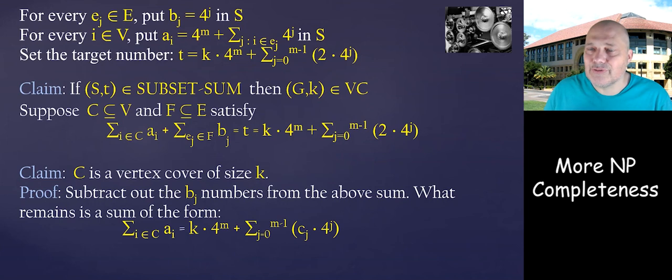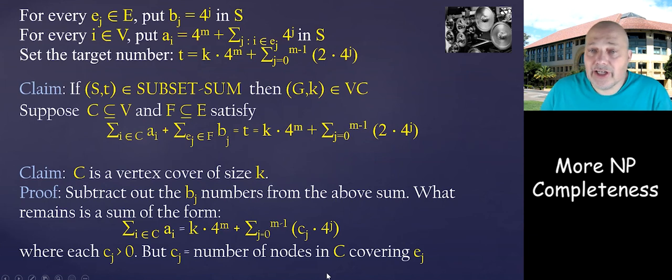The edges are from 4 to the 0 up to 4 to the m minus 1, so you don't subtract any of those. And then you have Cj, which can be 0, 1, or 2 times 4 to the j. To begin with, you had 2 times 4 to the j for every edge. You removed some of the edges, so for some of them you're going to have 1. For the edges you didn't remove, you're going to have 2.